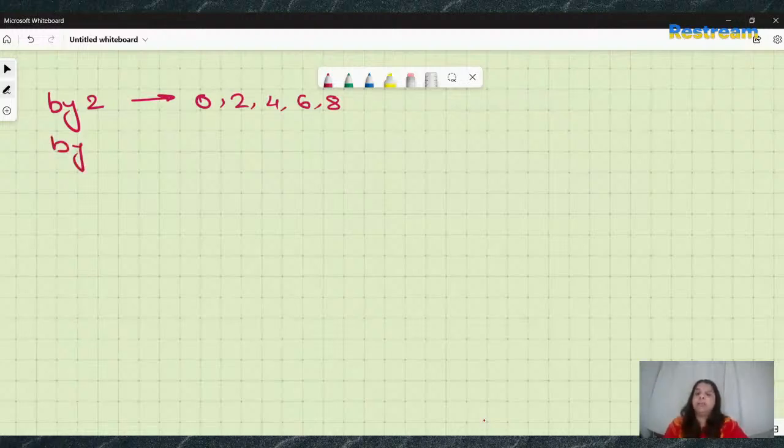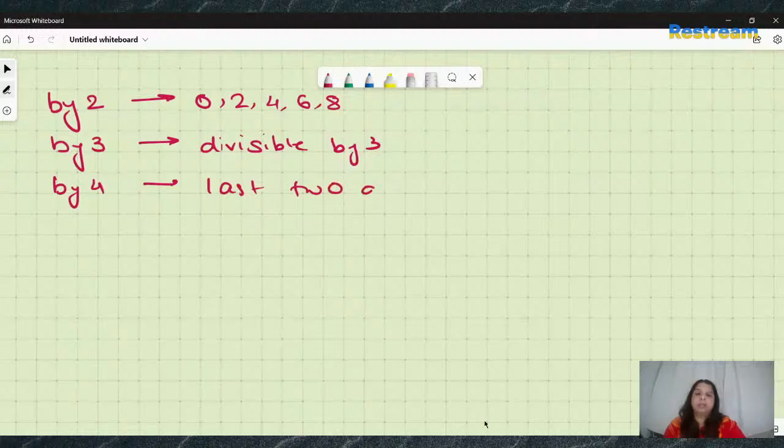Then by 3, the sum of its digits is divisible by 3. Then by 4, the last two digits of a number are divisible by 4.